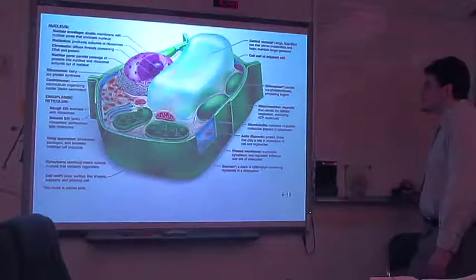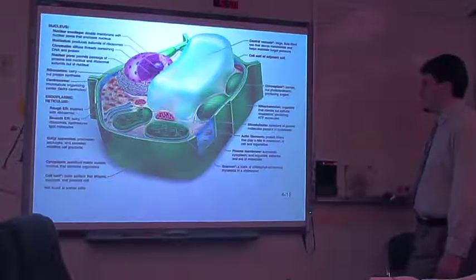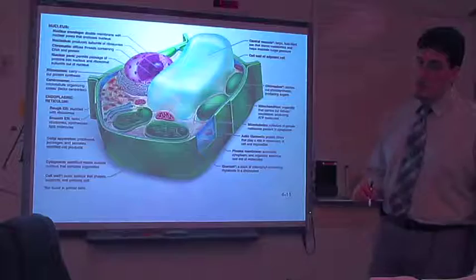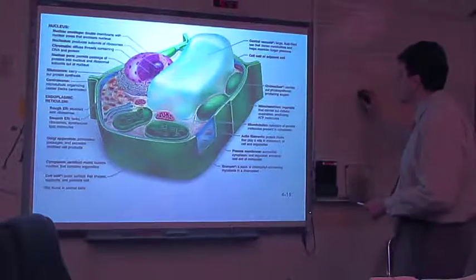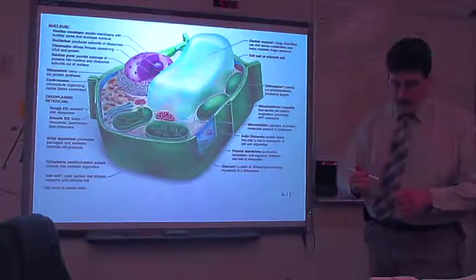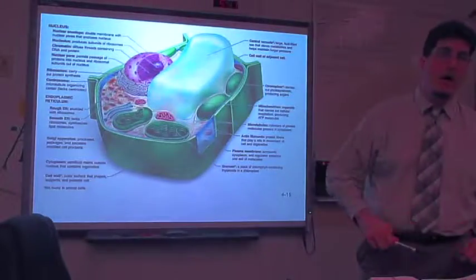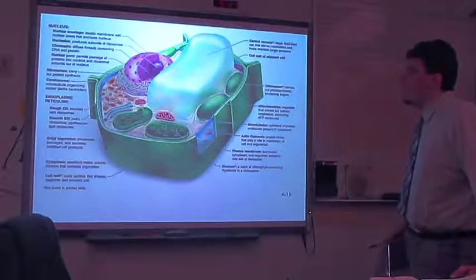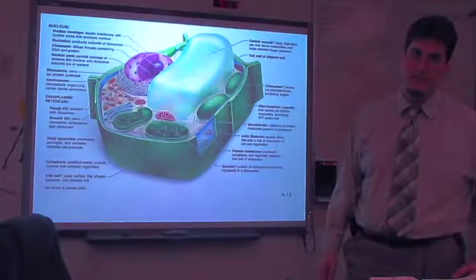So nice, smooth lines. But you draw what you see if you're drawing from a prepared slide. All right? That was an aside for paper 3 especially. Always, always, always, cell walls are drawn as a double line. Always.